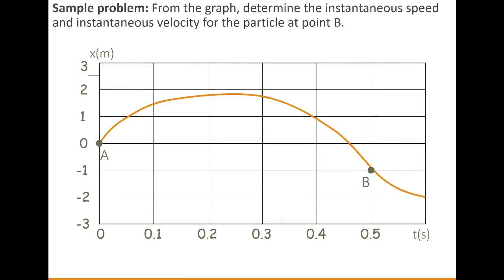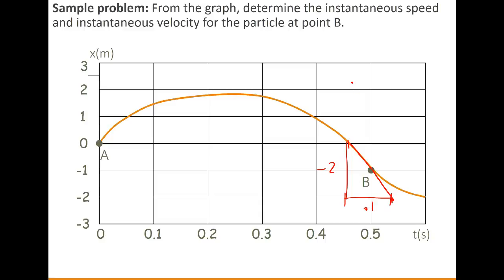And so we can take a look at this, and we can determine the instantaneous speed and velocity for this particle at point B if we sketch in a tangent line at point B. Okay, now it doesn't have to be perfect, but maybe you can draw a line a little bit better than me. Okay, let's try that one more time. It kind of goes like that. All right, close enough. So then we look at our values here, and we find the slope of this tangent line, and we're going to have basically -2 over 0.1.